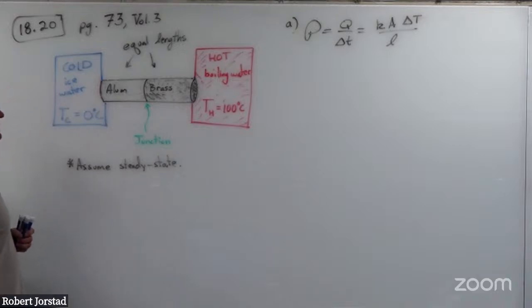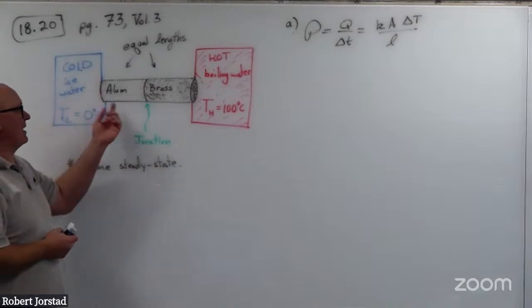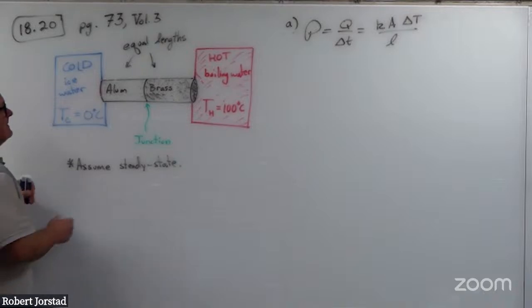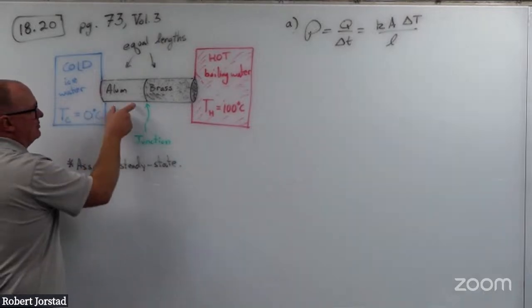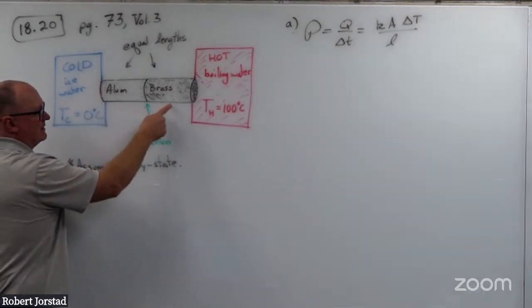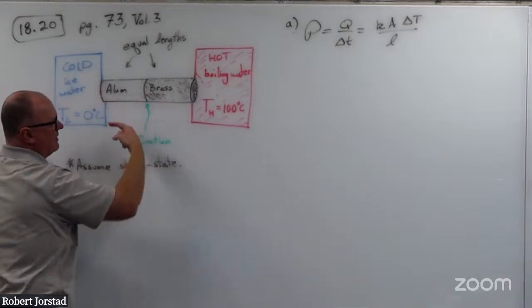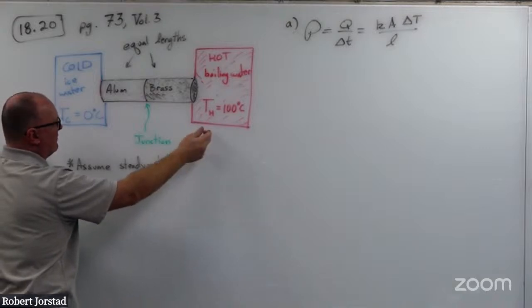Now, in this case, the amount of heat transferred by the two rods should be the same. Why? Let's suppose for a second the aluminum was transferring more heat than the brass. All right, so let me go the other way. Let's go this way, because heat is going to generally transfer from hot to cold.